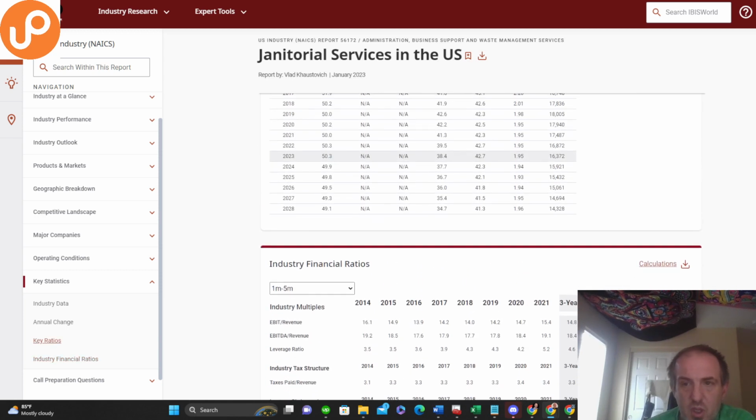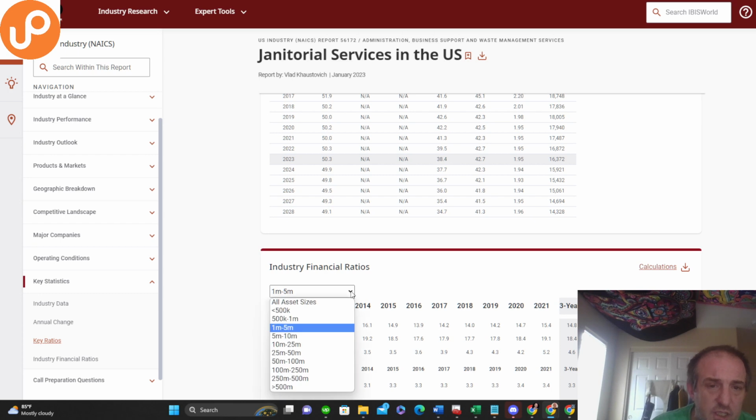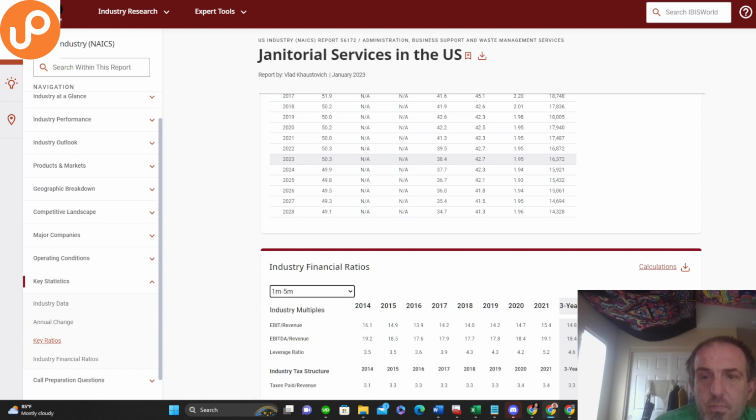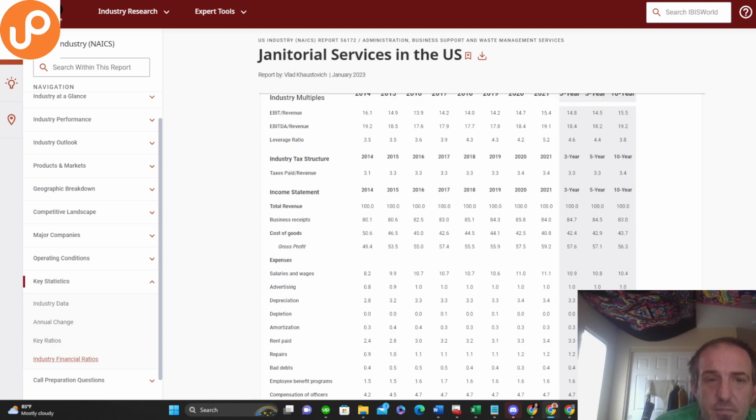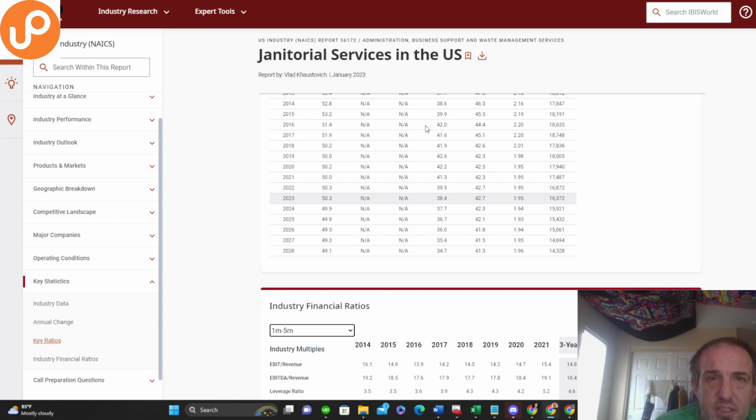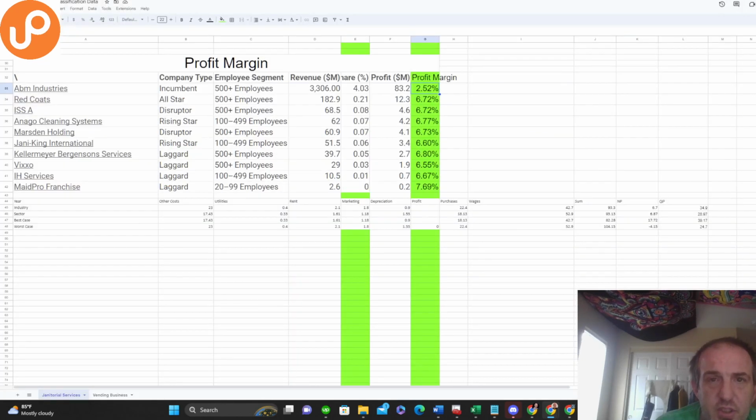So I like to check this page and go through all these just to make sure that the estimate is accurate, the numbers I have are accurate.